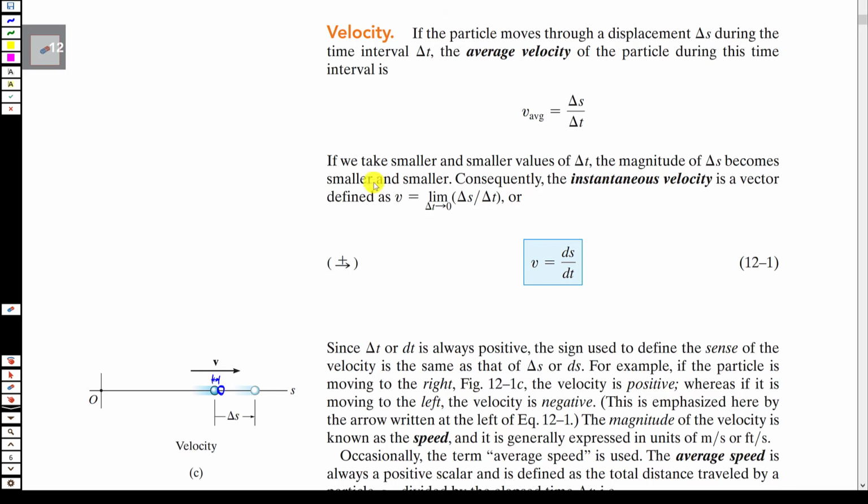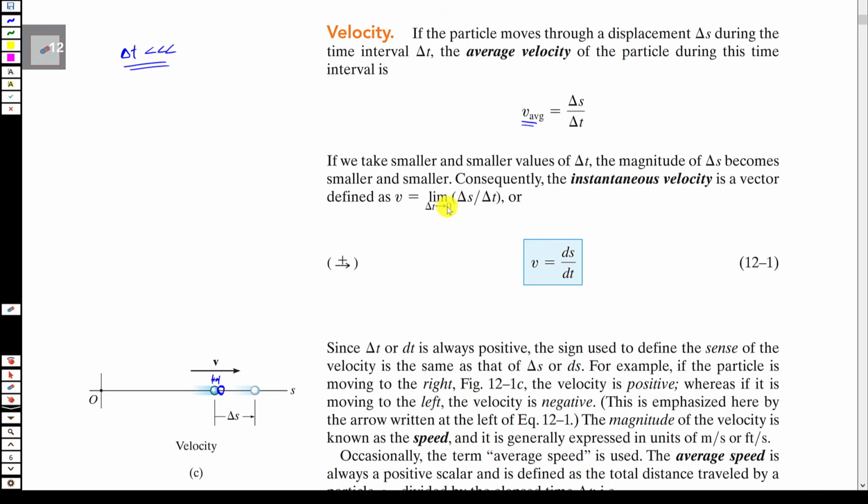If this delta t is very small, the average velocity can be converted into instantaneous velocity, the velocity of that particle at that particular instant.